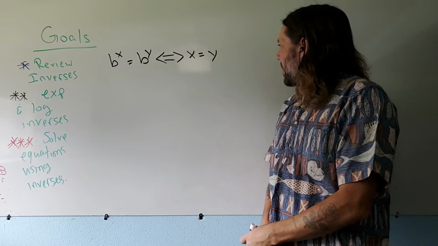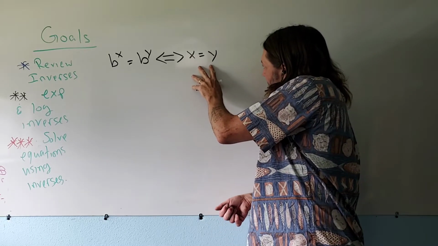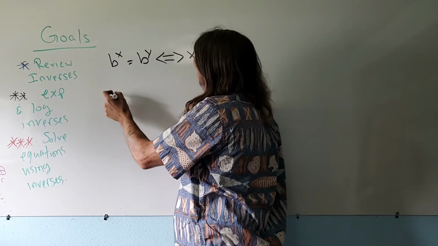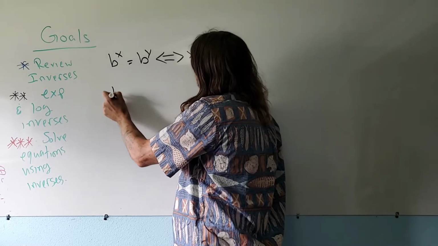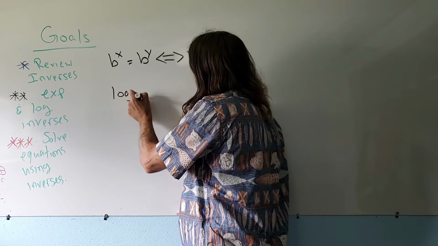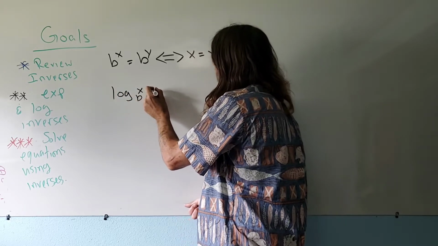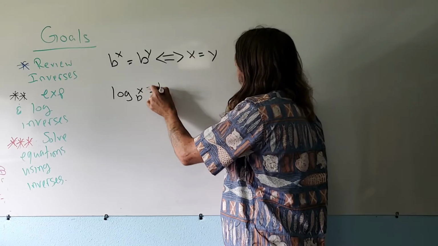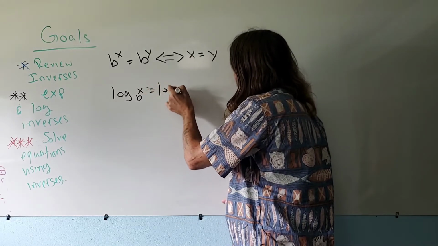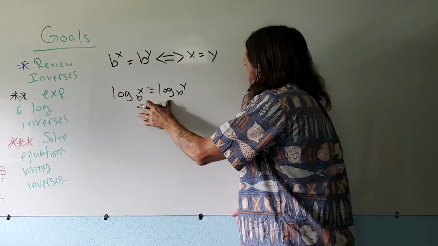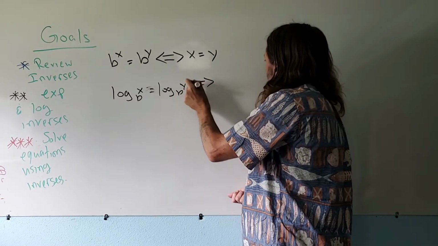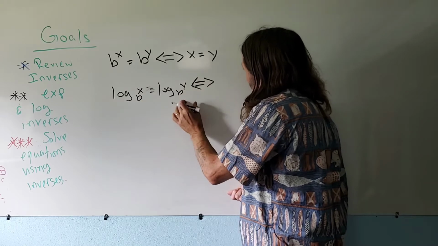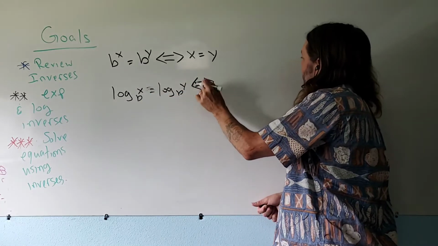So again, we're going to turn an equation into exponents. The next thing I want to point out is if log base b of x is equal to, I'm having a hard time today, log base b of y. If logs with the same base are equal, then their numbers must also be equal.